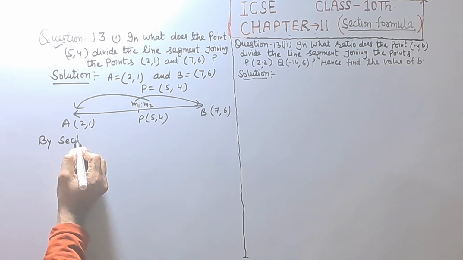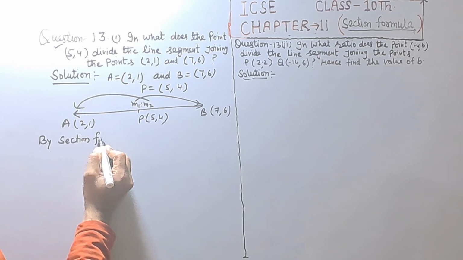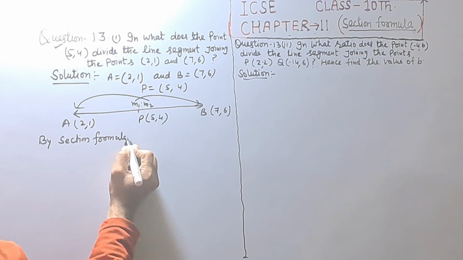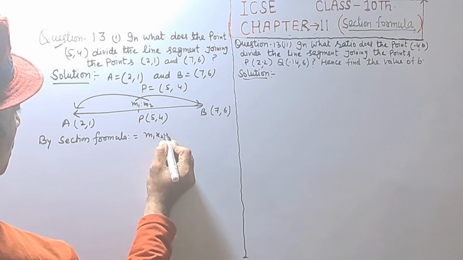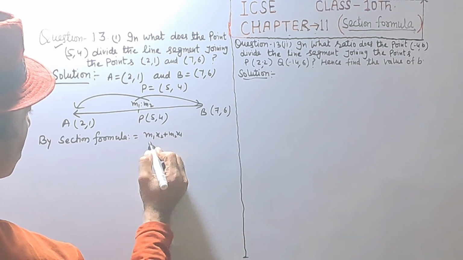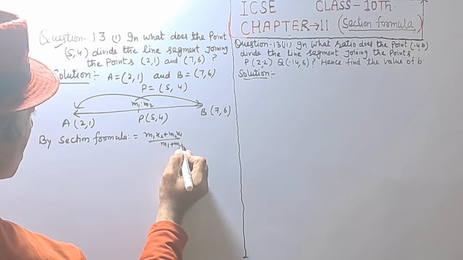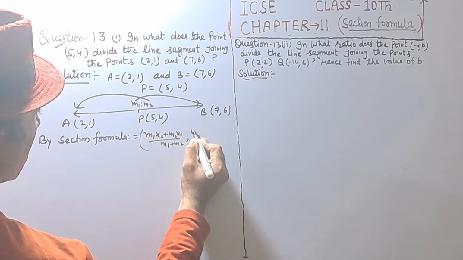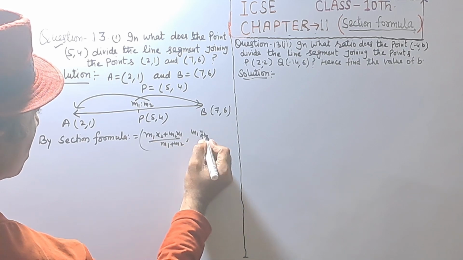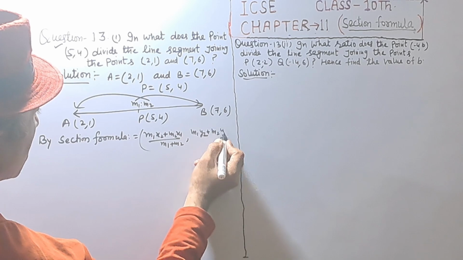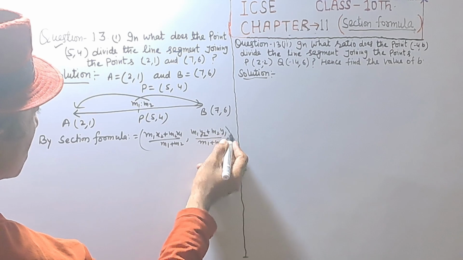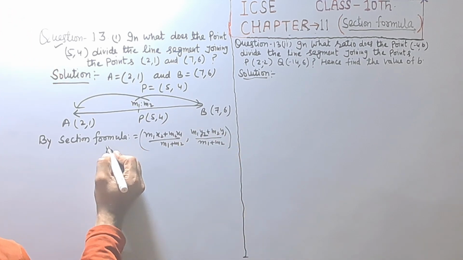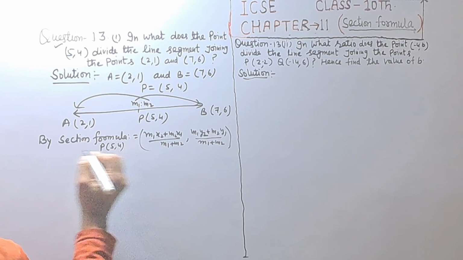By section formula, that is equal to (M1x2 plus M2x1) divided by (M1 plus M2), comma, (M1y2 plus M2y1) upon (M1 plus M2). And P point is here (5, 4).